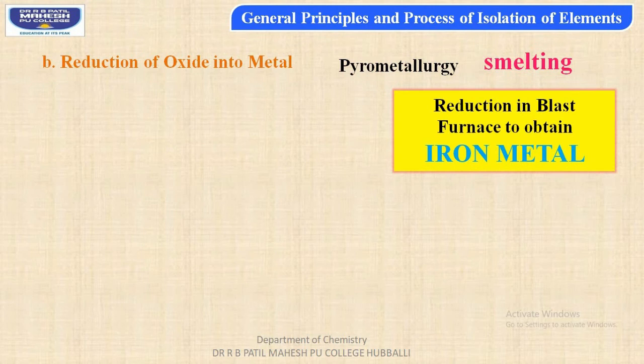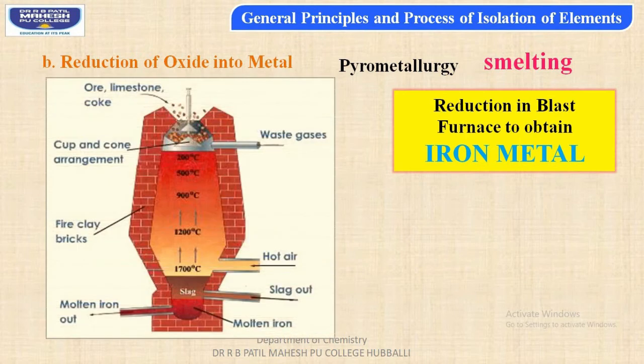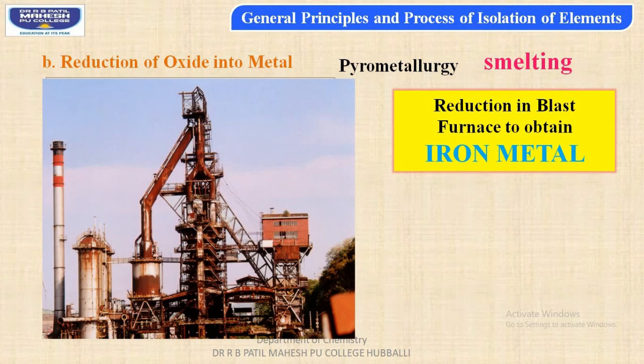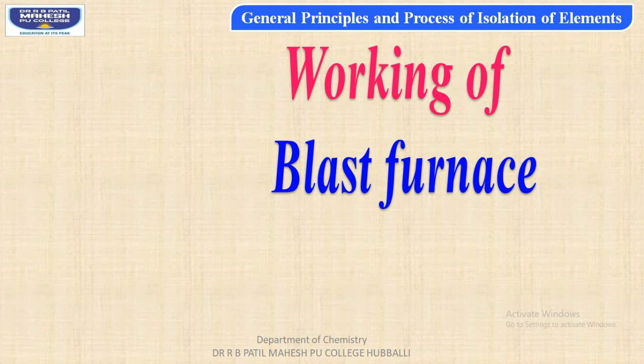Ferric oxide is converted into iron metal, and for this, students, you can observe in the diagram that we are using a blast furnace, and the second diagram represents one such blast furnace. Now let us understand the working of the blast furnace.